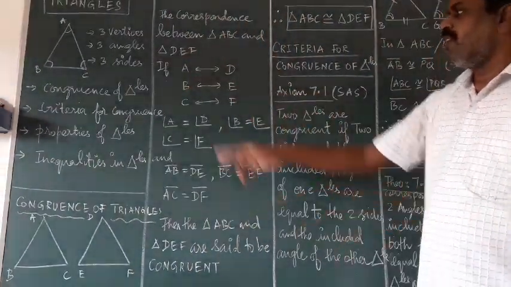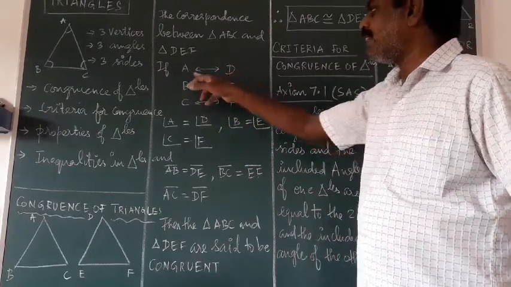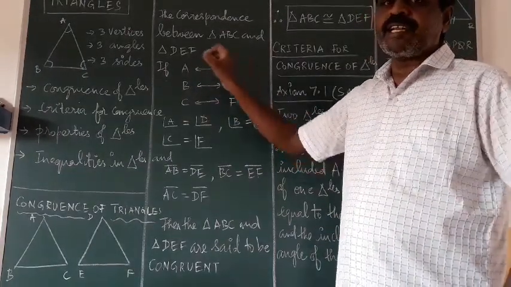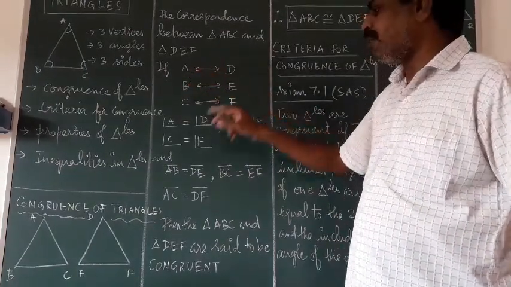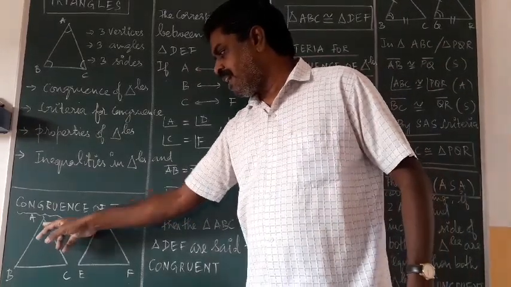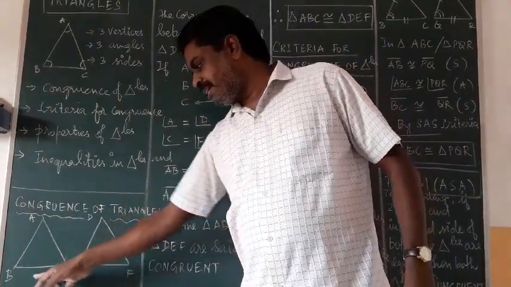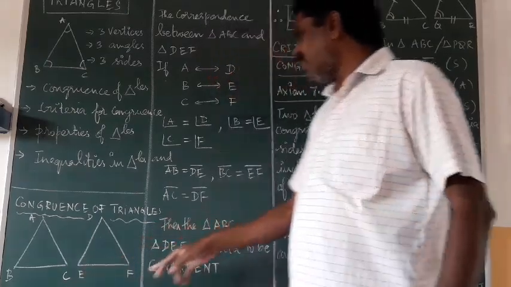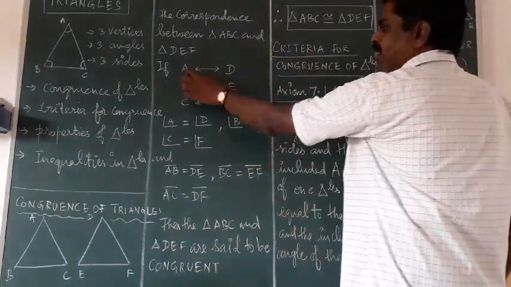What is that? A corresponds to D. The double-sided arrow here means A corresponds to D. You see in the figure, A corresponds to D, B corresponds to E, C corresponds to F. These are the one-to-one correspondence.